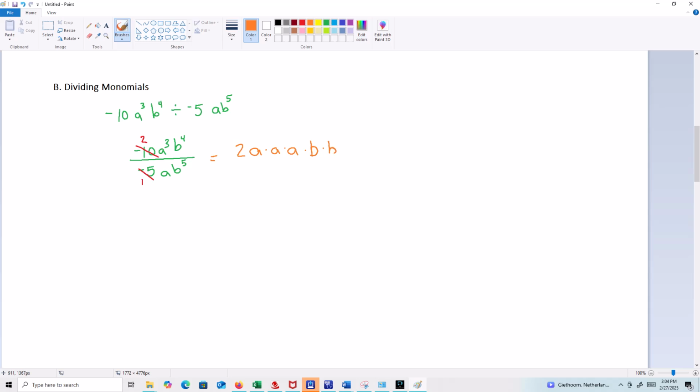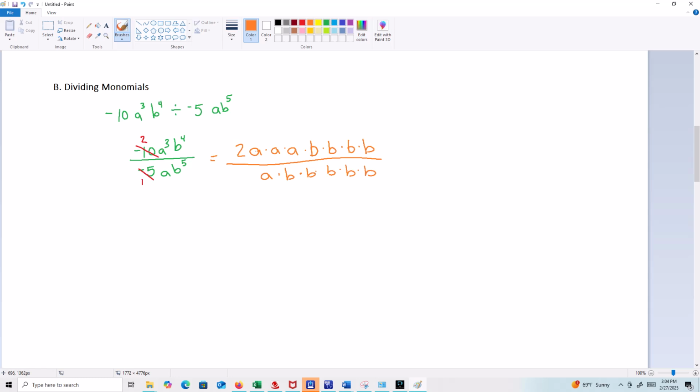So times b times b times b times b. Divided by a times, now we need b 5 times. 1, 2, 3, 4, 5. And each of those are being multiplied. You don't need to put the dots in between. I'm just doing it to space them out a little bit.